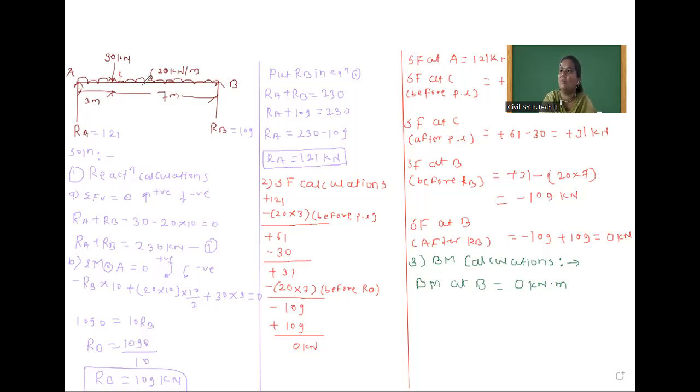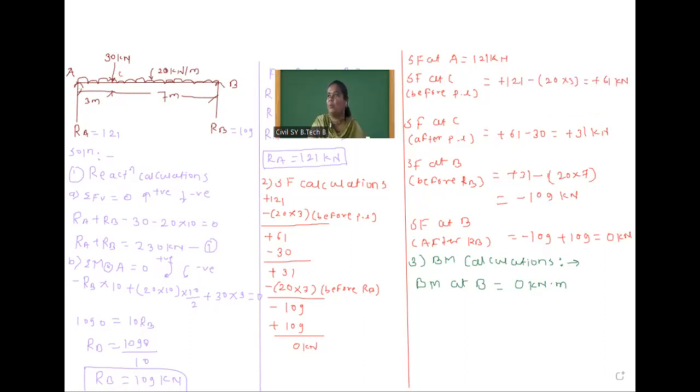Next, you observe in the shear force calculation, one point is there at which shear force changes sign. You tell me where shear force changes sign. Yes, here, at B point before RB, shear force changes sign.